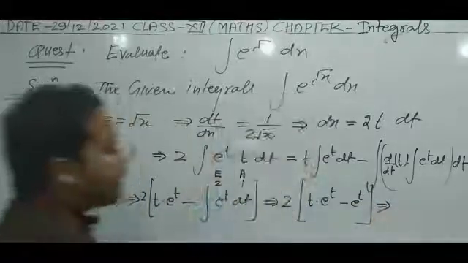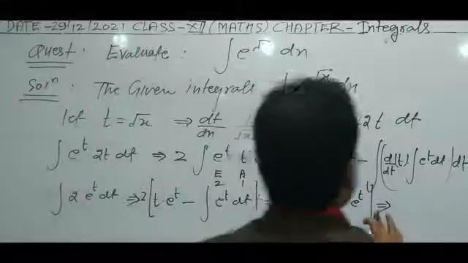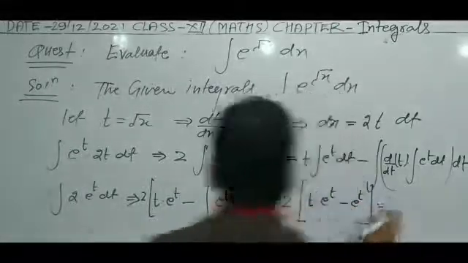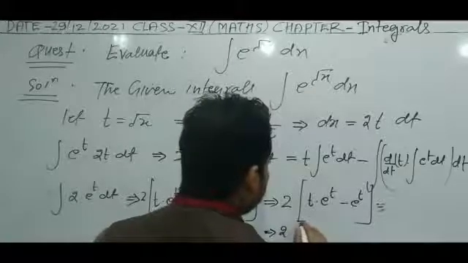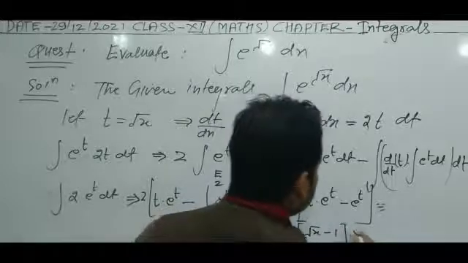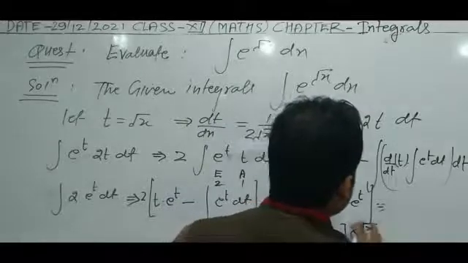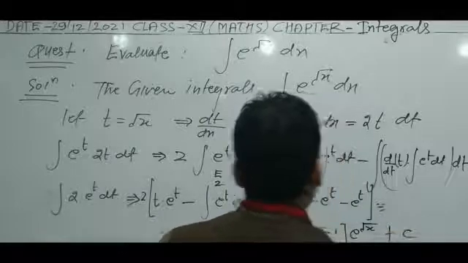Now result, what we can write? At the place of t we have to put root x. So result will be 2 times root x e to the power root x, means result is 2 times root x minus 1 e to the power root x, now plus c.